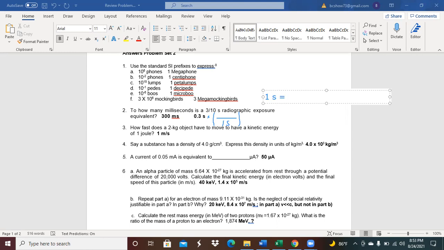Well, if I take 10 to the minus third of a second, that's taking 1 second and dividing it by 10 times 10 times 10, so that it's going to divide that second into whatever this number happens to be.